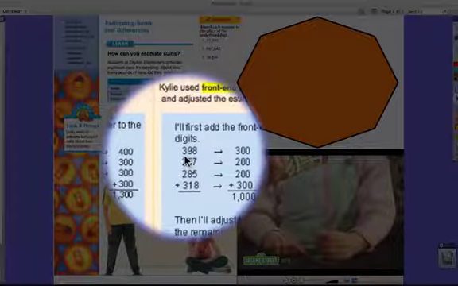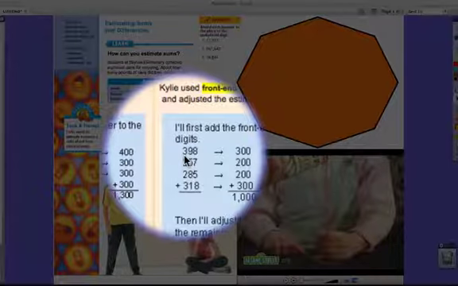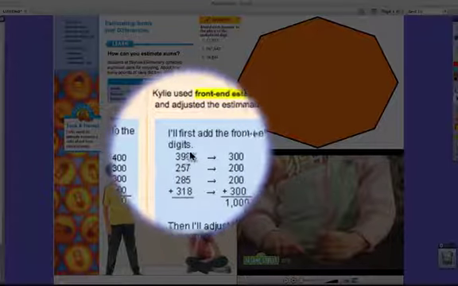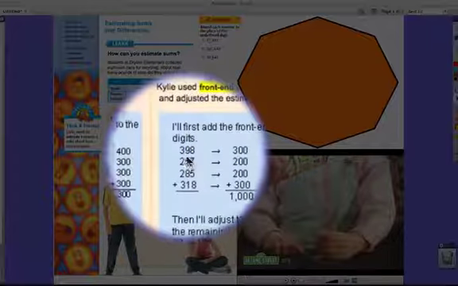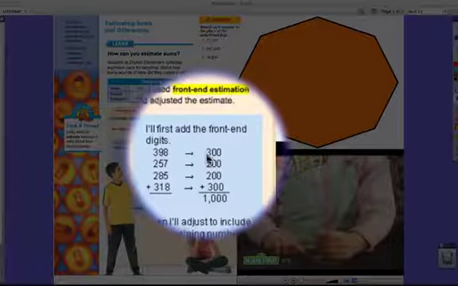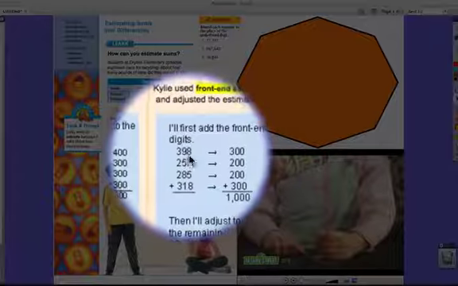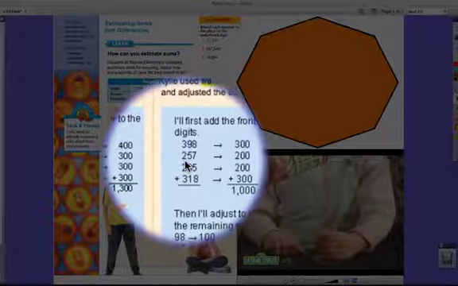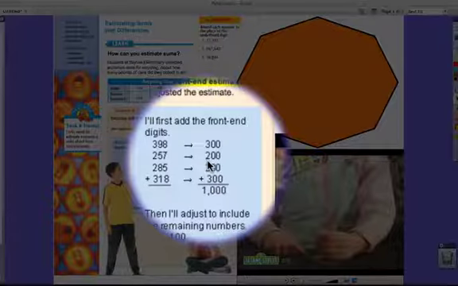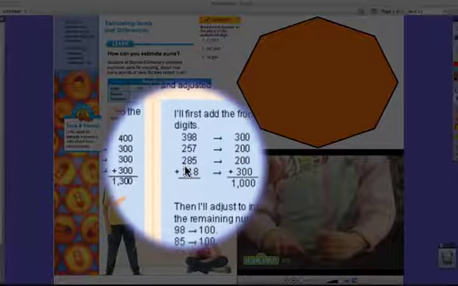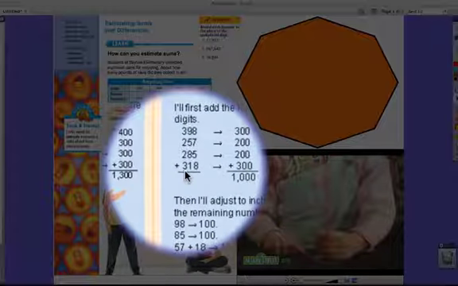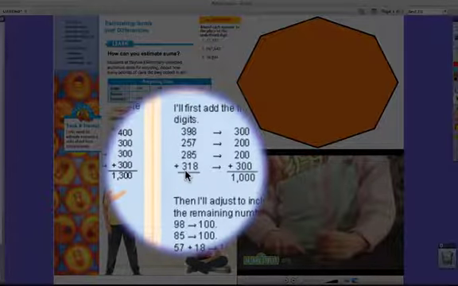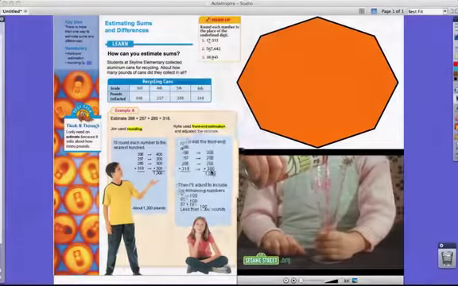You would just simply underline the first digit, hence front-end estimation. Once again, you take the first digit and you keep it, and the rest becomes zeros. So in this case, when you add them all up, you get 1,000.